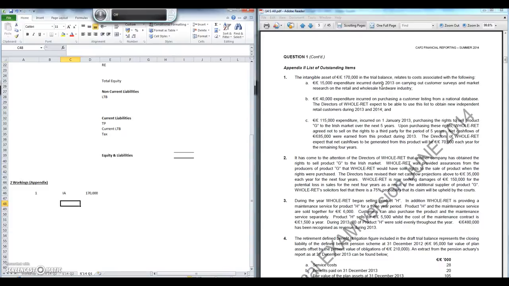Therefore, it shouldn't have been capitalized, it should be expensed, and more than likely to distribution costs. So you'll debit distribution costs 15,000, and you'll also credit intangible assets because it's no longer appropriate to have it in, and that will be another 15,000.